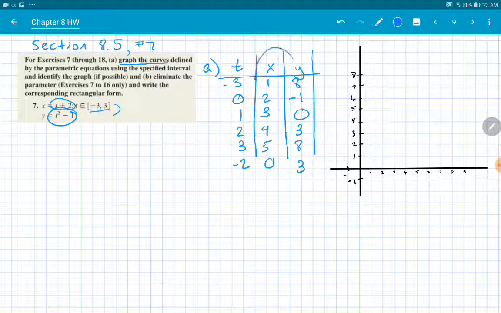We only plot the x and y because there's no t on this. So 1 and 8 is right here. And then 2 and -1 will be down here. And then 3, 0.